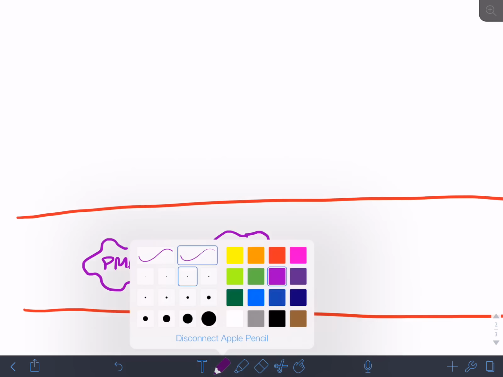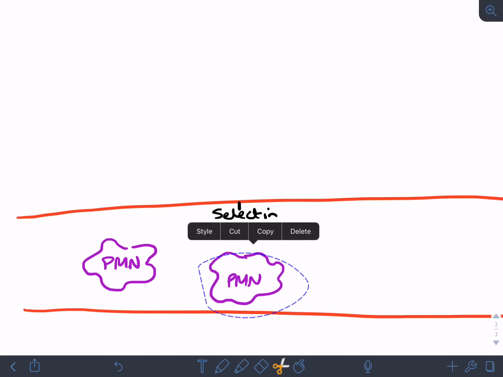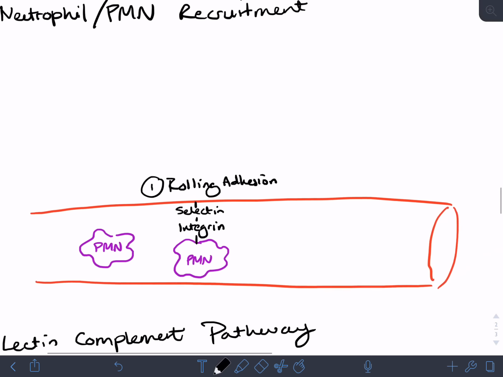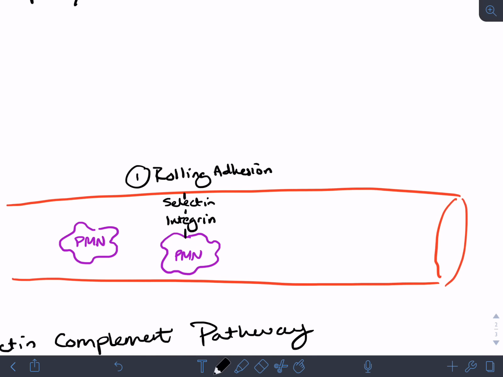You're going to have selectin over here, and you're going to have integrin from the neutrophil side. This is promoted, and this is going to cause rolling adhesion. And this is essentially where the neutrophils are going to marginate.